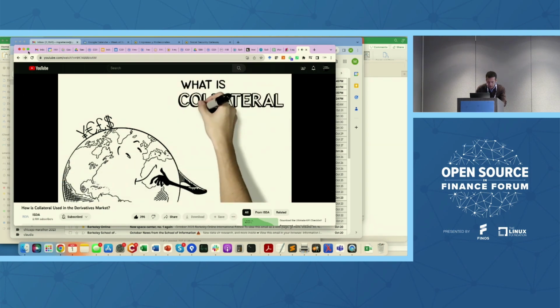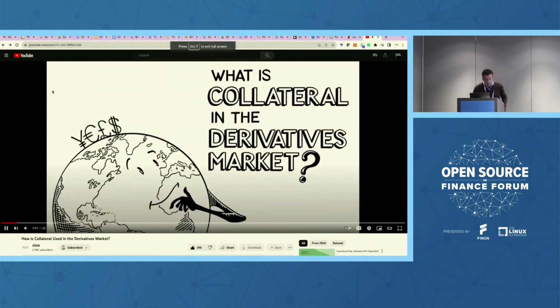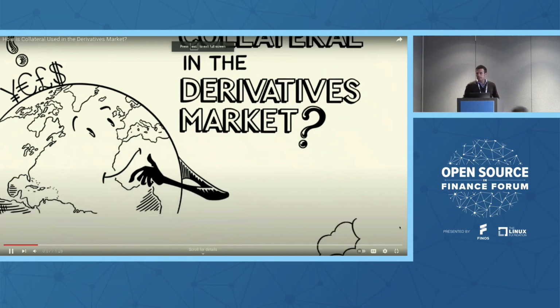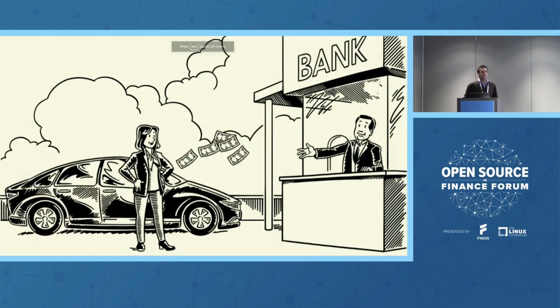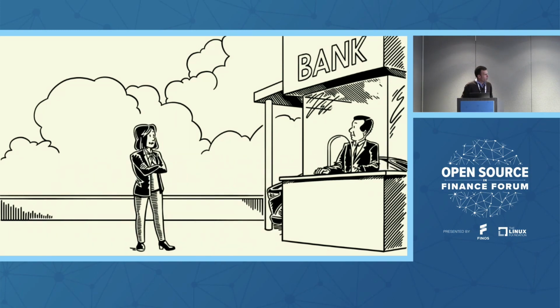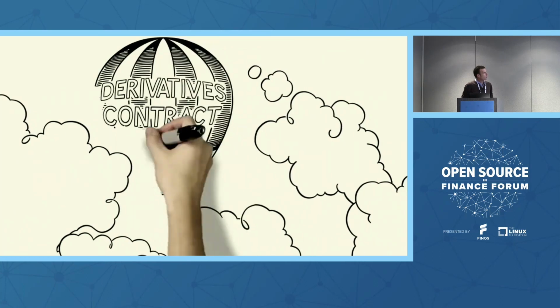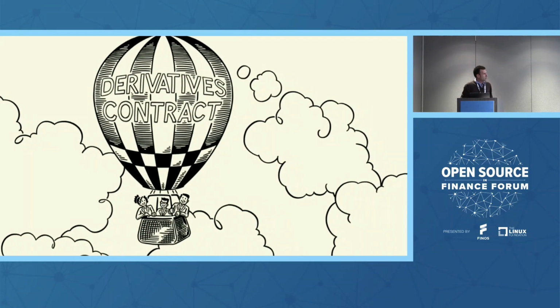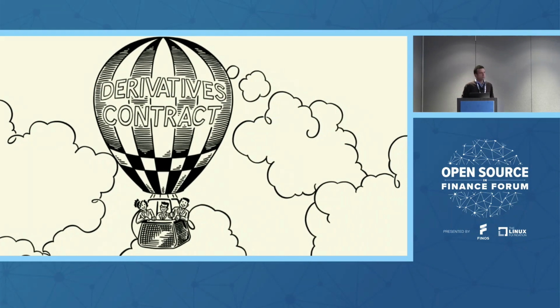What is collateral in the derivatives market, and how can it make the economy safer? Think about how a secured loan works. A person takes out a loan to buy a new car and puts up the car as collateral. If she can't repay the loan, then the lender uses the car to offset its loss. Collateral in the derivatives market works in a similar way. Assets are put up to protect each counterparty from loss.